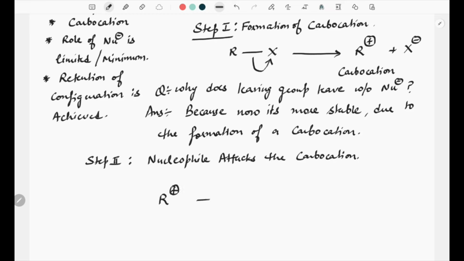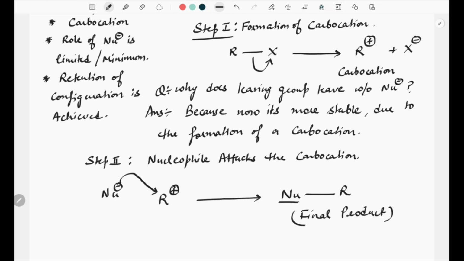This is the carbocation now attacked by the nucleophile to give you the final product. What is the final product? In which the nucleophile has replaced the leaving group X.